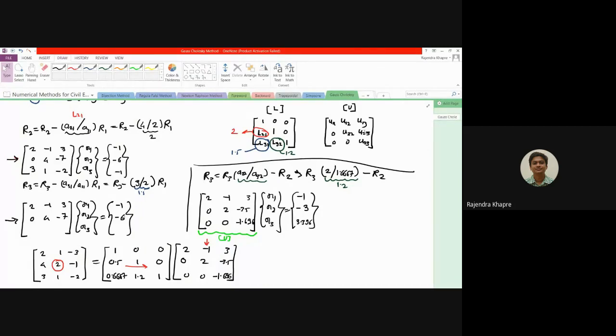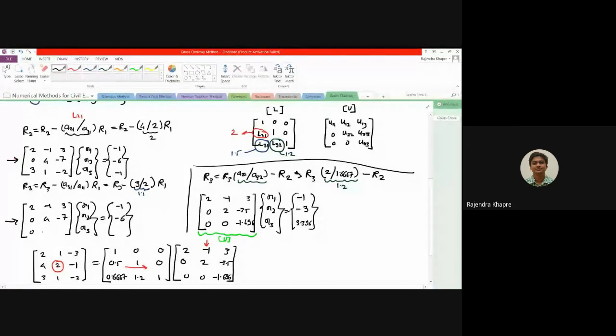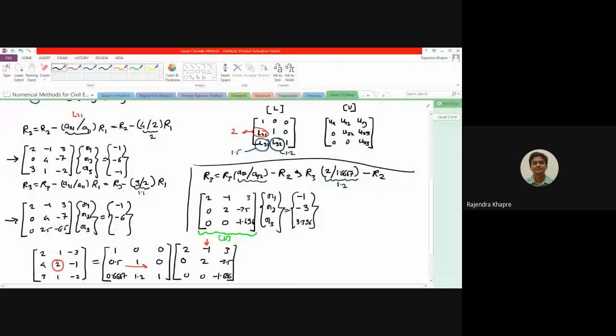Final row R3. Yes, R3. Anyone? 0. Okay. 0.5, minus 6.5 and 0.2. Someone please cross check this.